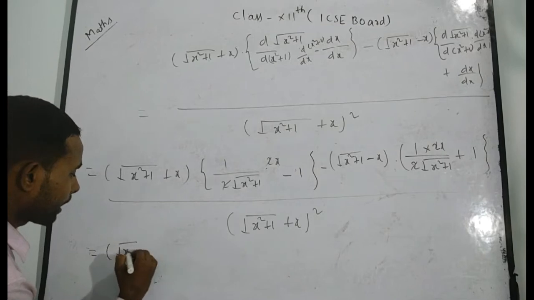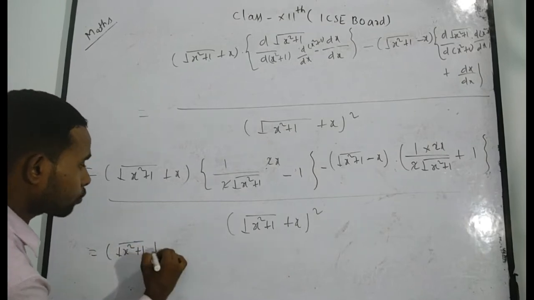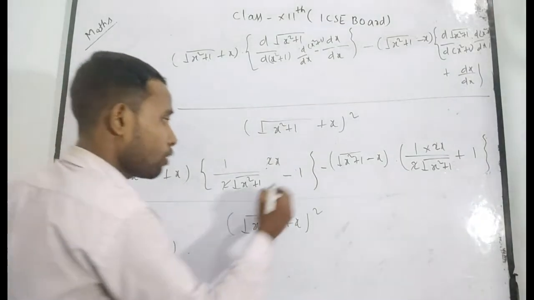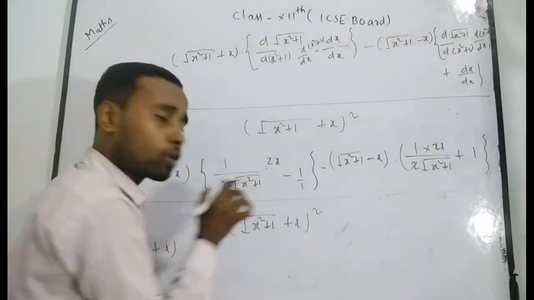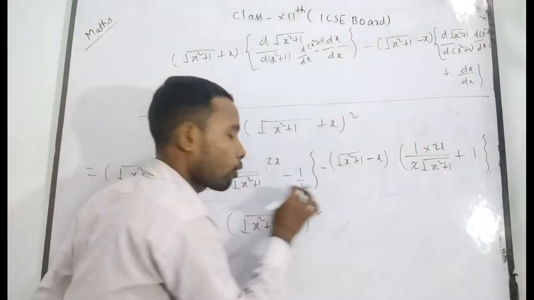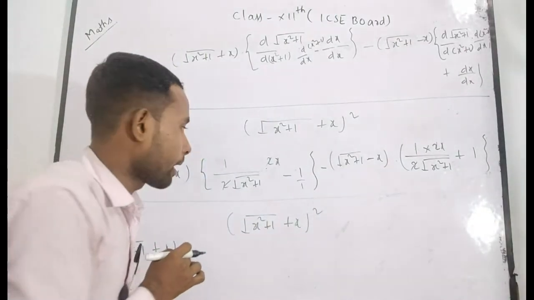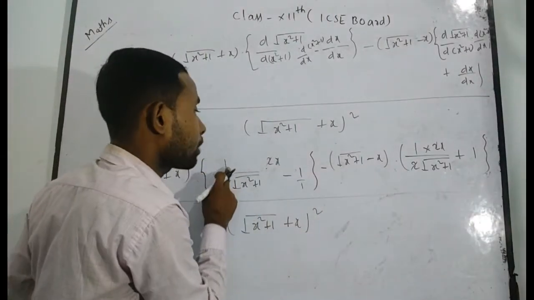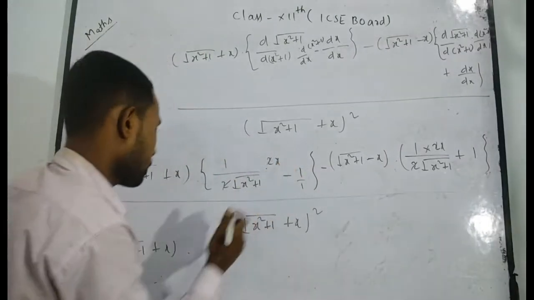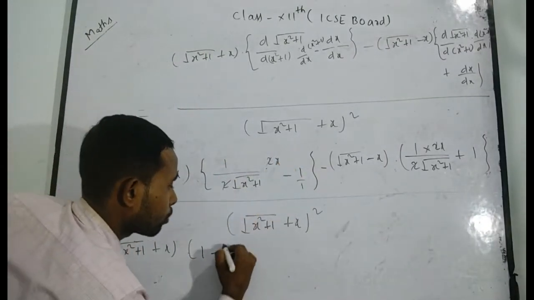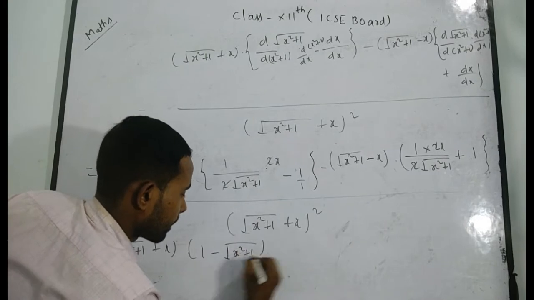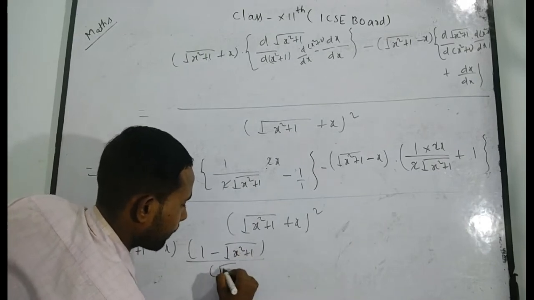Root under x square plus 1 plus x into, take here 1 upon root under x square plus 1, this is 1 upon 1. After taking LCM you will get root under x square plus 1, and finally 1 minus root under x square plus 1. Write here 1 minus root under x square plus 1 divided by root under x square plus 1.